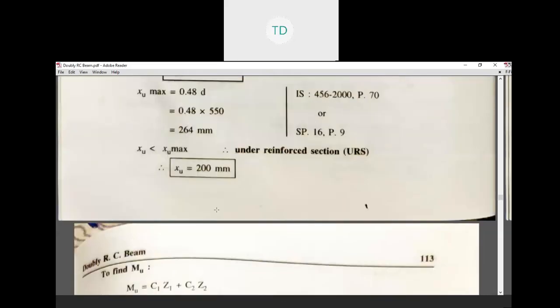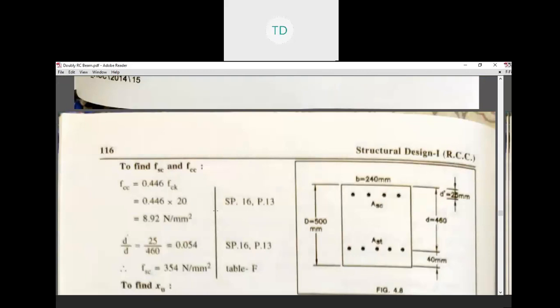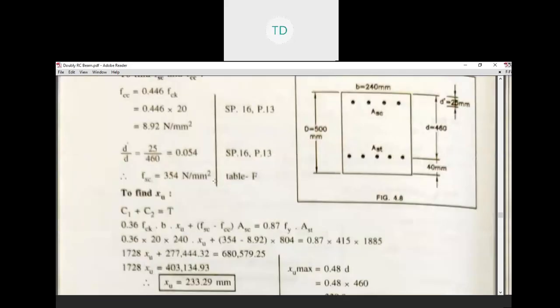Now we are going to discuss another example which gives us the comfort of the chapter.